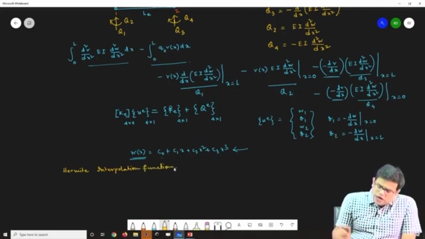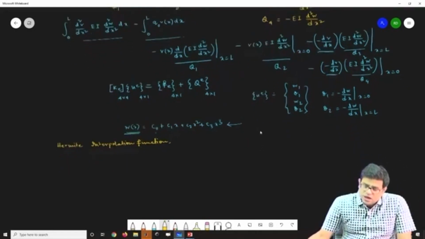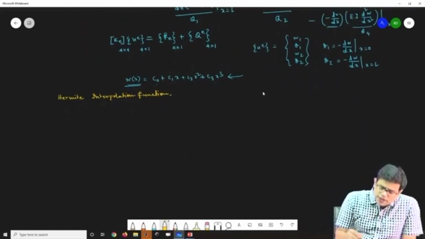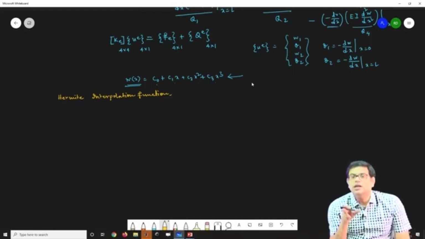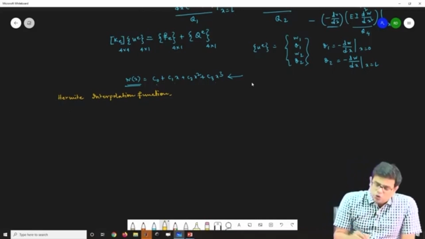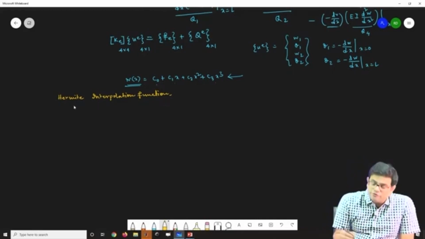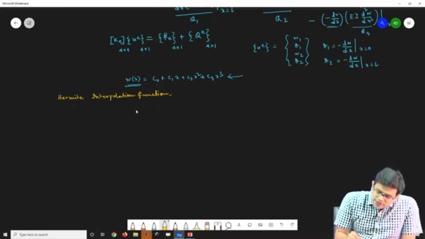What is the Hermite interpolation function? The approximation is pretty similar, but the construction is different. It is also known as the cubic spline function.